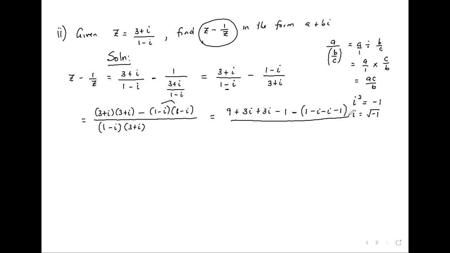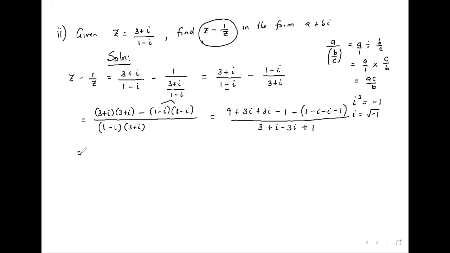So 1 times 3, we get 3 plus I minus 3I. I times I is negative 1. Then there's a negative there times positive, that is negative. So negative times a negative from I's, we get a positive 1.